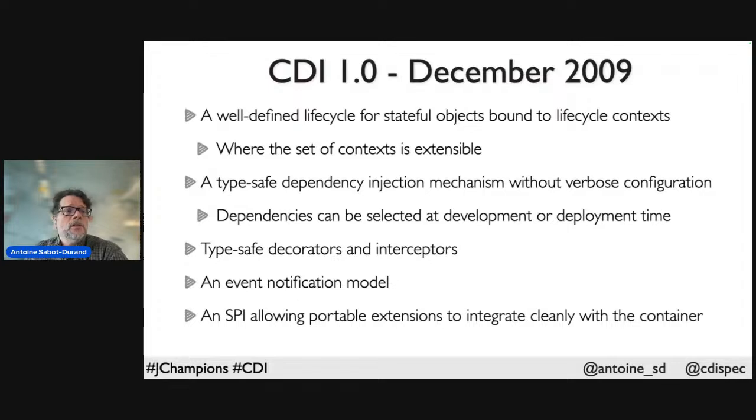The portable extension is one of the nice features of CDI that was there from day one, and it provided the SPI allowing third parties to integrate other frameworks or libraries in CDI in a clean way, to have the same programming model on all the application.